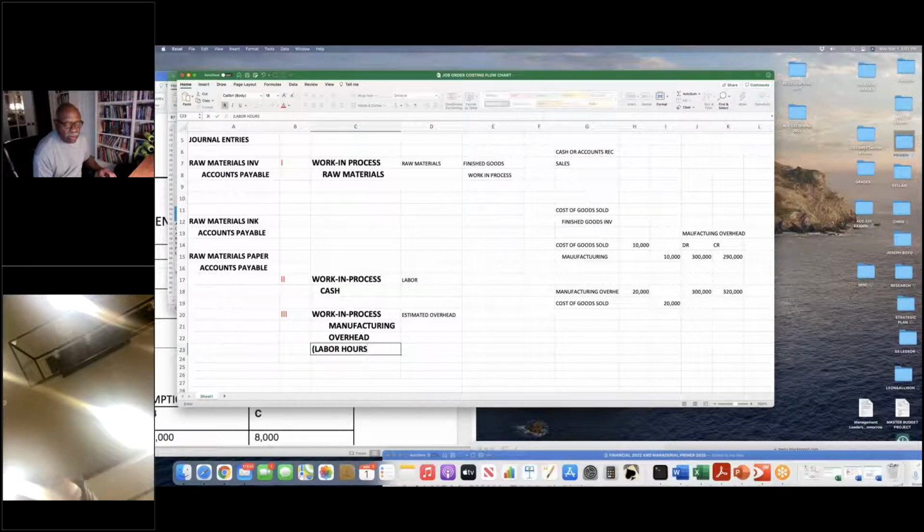So you're going to multiply the labor hours times the POR. So that's how you get the amount for this journal entry.